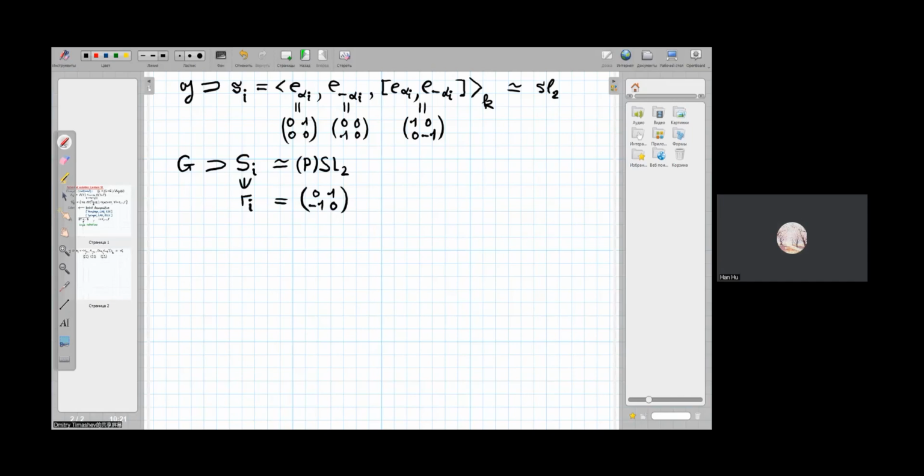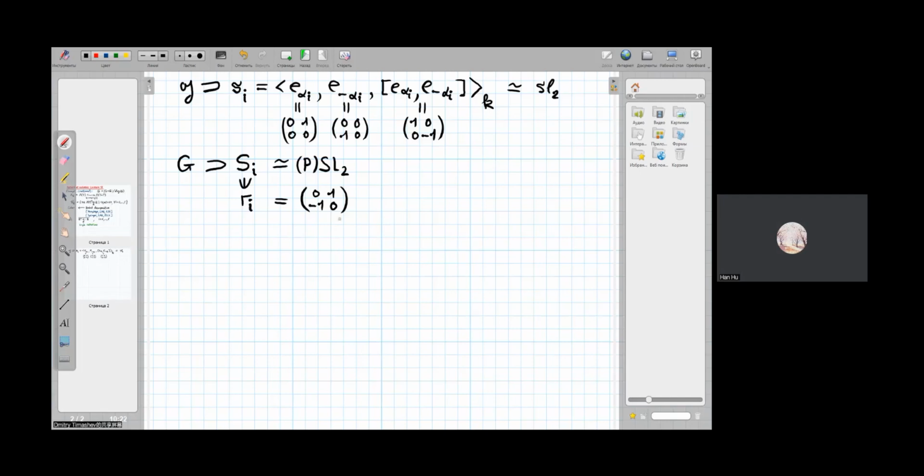Well, strictly speaking, the simple reflections are not these elements in the three-dimensional subgroups, but their cosets modulo the maximal torus of G. That is, they are elements of the Weyl group. But we'll not make this distinction, just by abuse of language. We call these elements also simple reflections. So for our purposes, this will be okay.